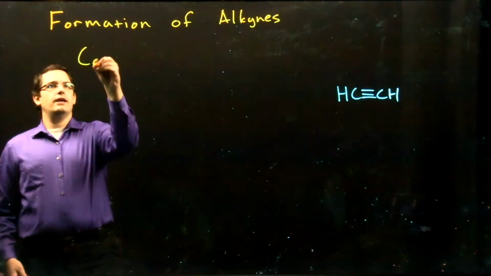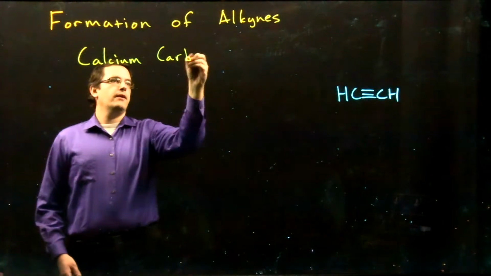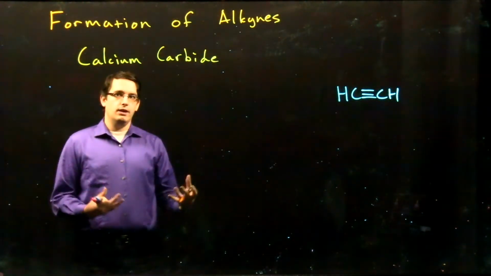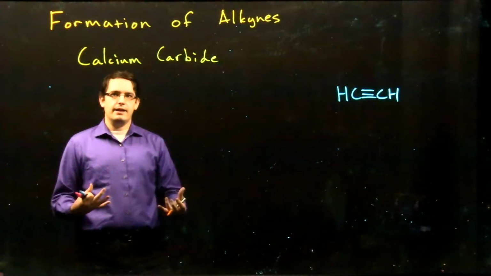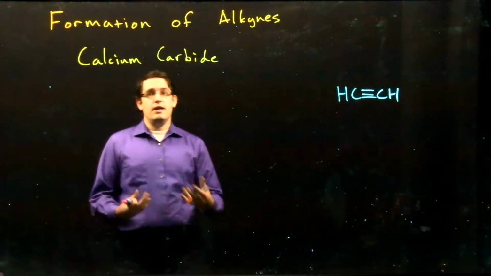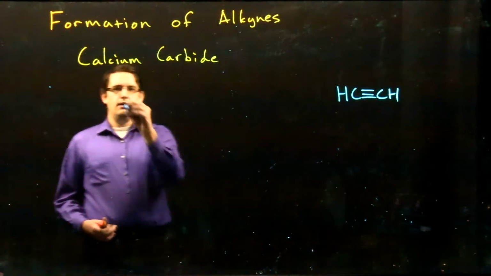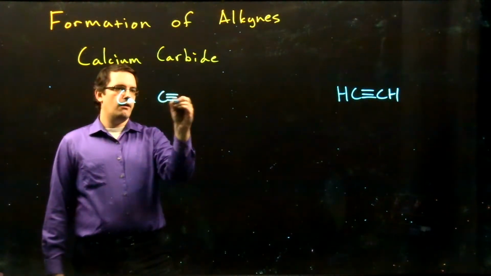The first source is calcium carbide. So calcium carbide can be produced from a combination of lime and coke, basically carbon and calcium oxide compounds. This is done in an industrial setting at high heat, and what it gives us is this combination of calcium with our carbide.